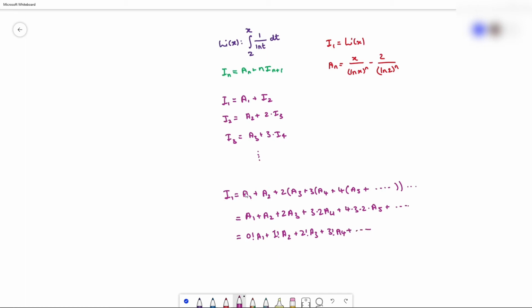And because we have I1 on the left hand side, this is essentially Li of x, bearing in mind that I of 1 equals Li of x.